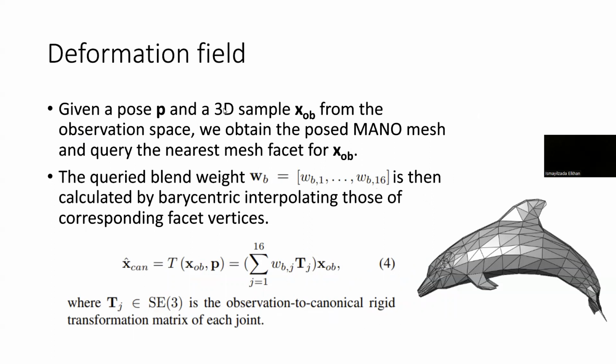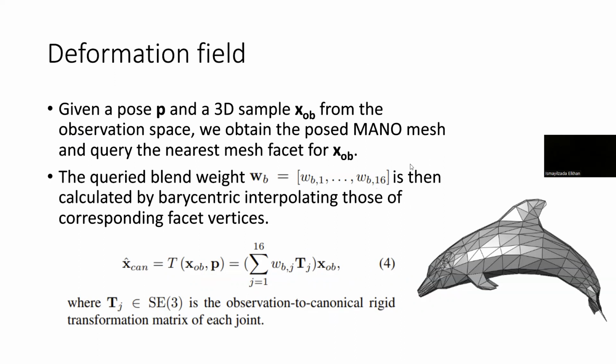Like I said before, when you are given a particular pose, which would be the 3D coordinates of the 16 hand joints, and the sampled x coordinate in the observable space, MANO will give you a mesh, which you use as an input in this deformation field.